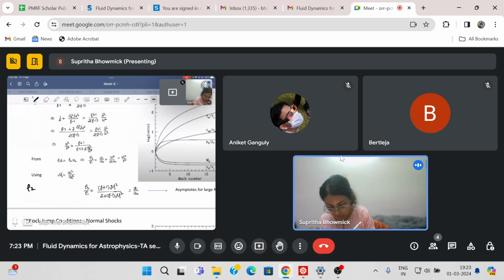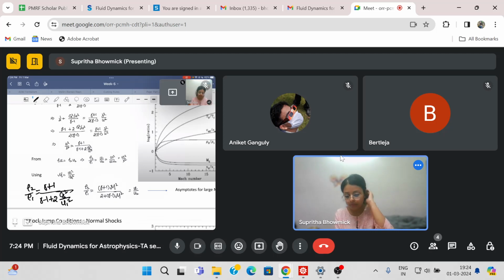You get rho2 by rho1 is equal to this, which is gamma plus 1 by gamma minus 1 plus 2 cs square by u1 square. But we are now using the relation that we are defining this as u1 square by cs1 square. So this becomes 2 by M.